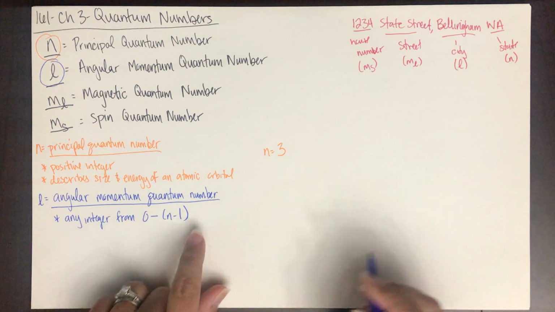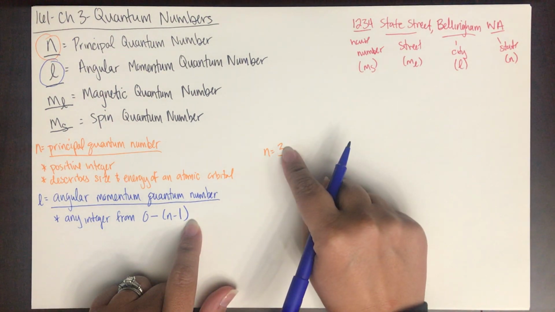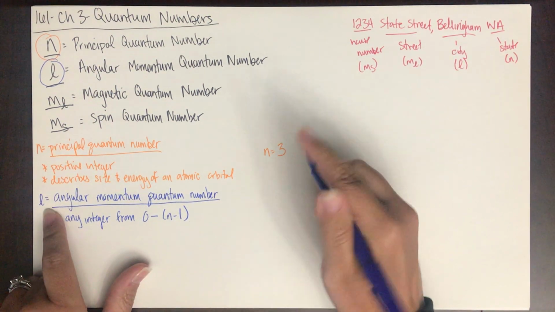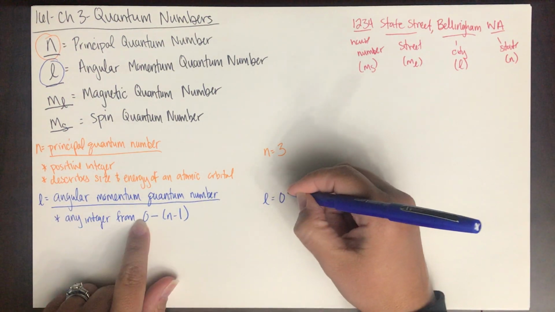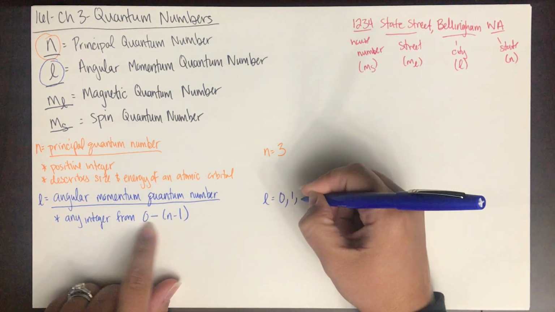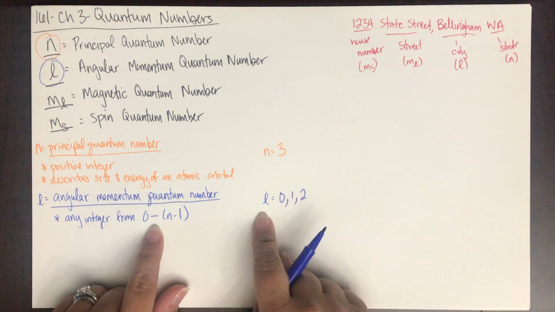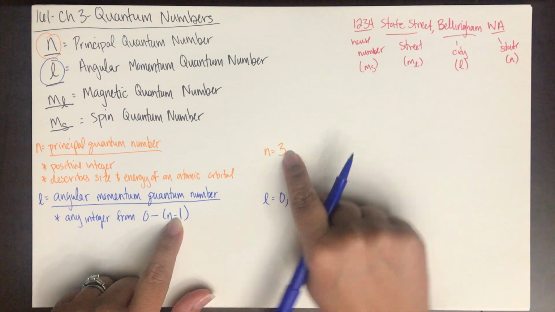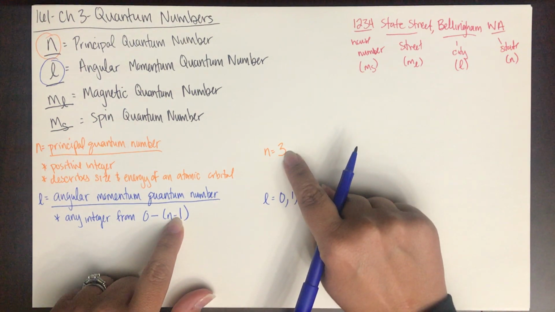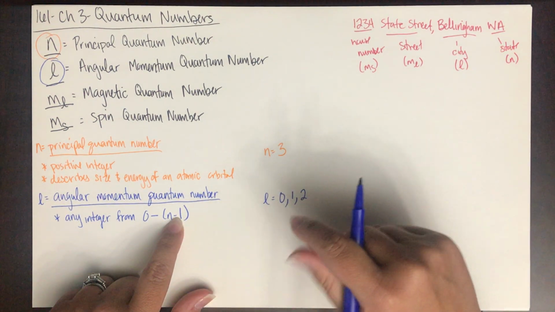So what does that mean? That means if n equals 3, then L can equal 0, 1, 2. It can be any integer from 0 to n minus 1. Because n is 3, I just picked this. We'll do this for other examples.